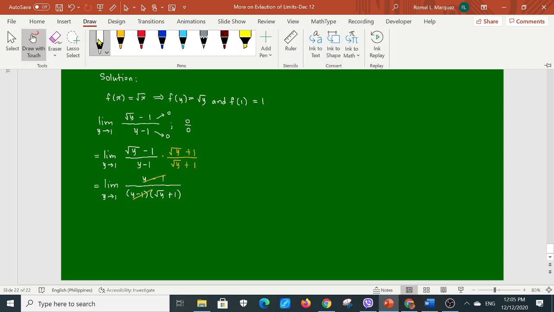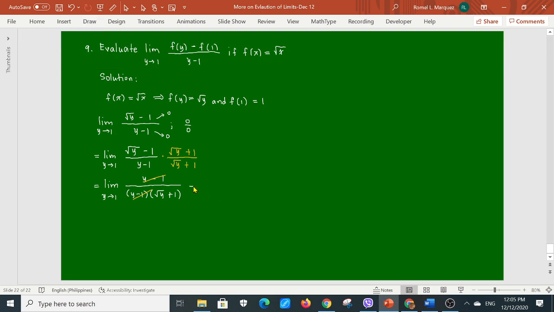So, getting this limit of 1 over square root of y plus 1 as y approaches 1. Okay? So, this is now equal to 1 over square root of 1 plus 1. So, that is equal to 1 over 2.